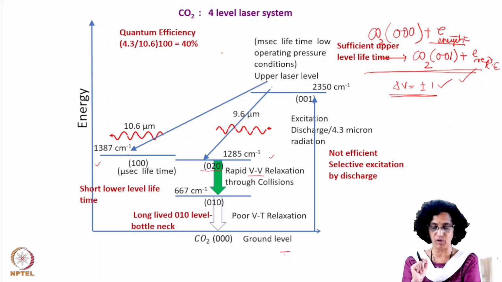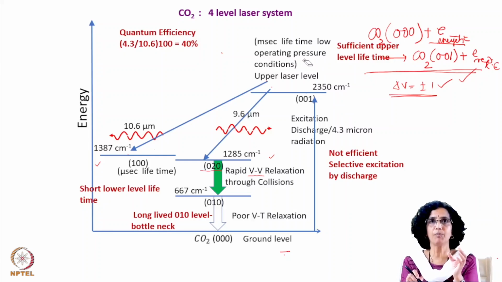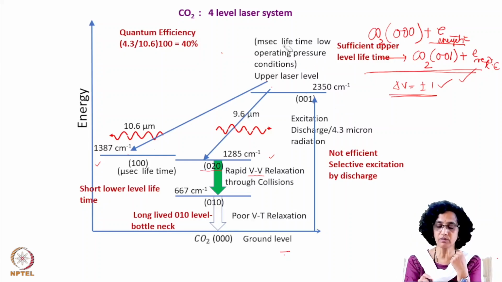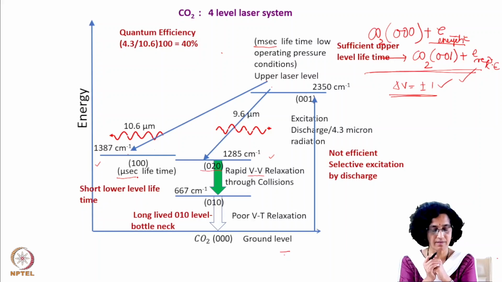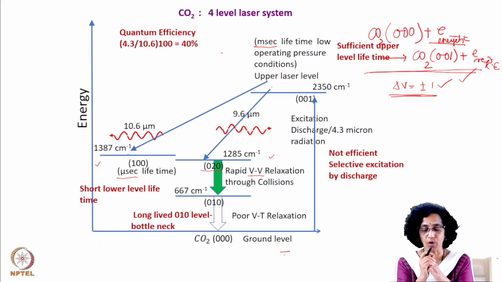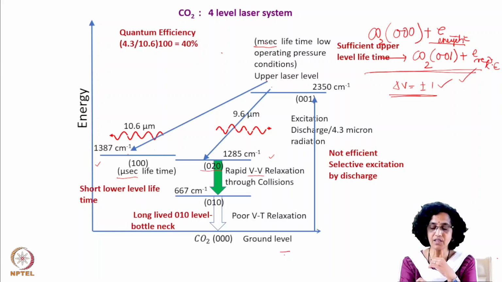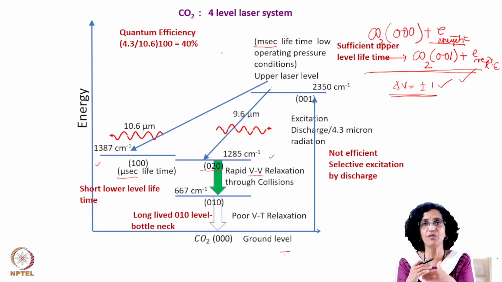Now, one more thing that I would like to just show here before we go to how it can be improved upon is that, you see, the upper laser level lifetime, if we take say low pressure operation, is a few milliseconds. This is the upper laser level lifetime. Whereas the lower laser level lifetime is in microseconds, which is what you really want, because if this is large enough, then you can pump it for a longer time.